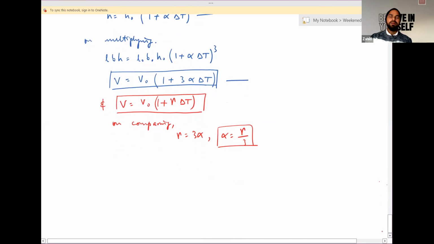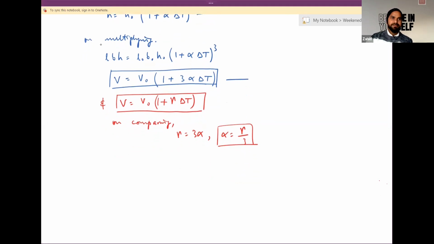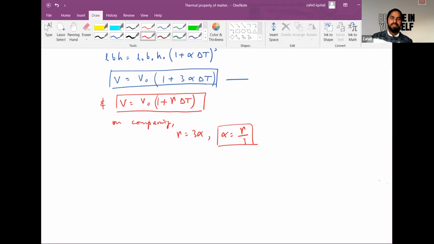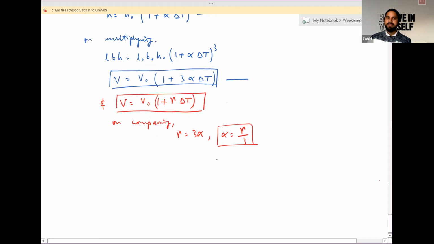now we have just defined alpha in terms of beta, alpha in terms of gamma. So on comparing all three, we can say alpha has one dimension, so just divide it by 1. Beta has 2 dimensions, so divide by 2. And gamma is 3-dimensional, so divide by 3. These all three will be equal to each other.